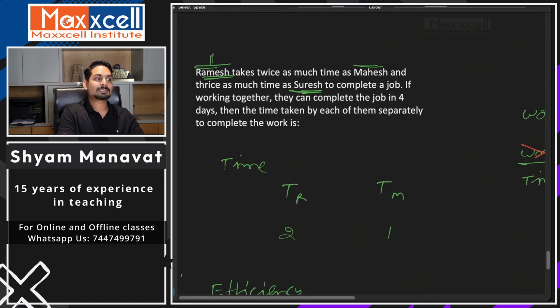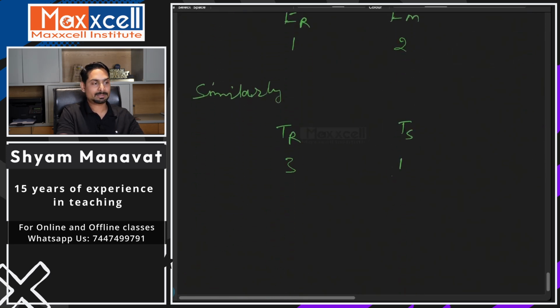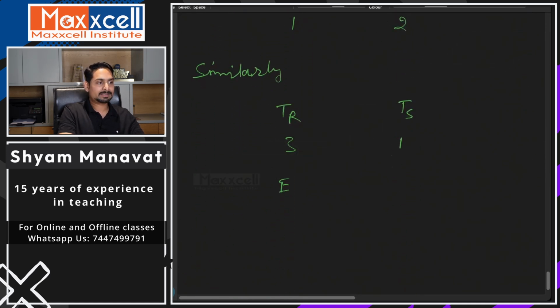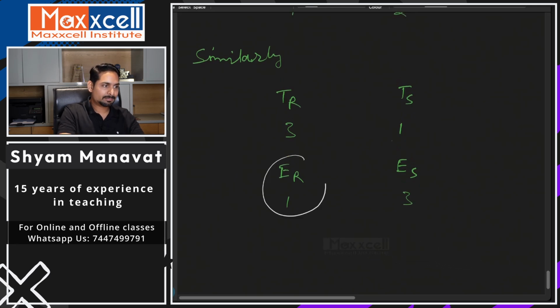So the time taken by Ramesh is thrice compared to the time taken by Suresh. So if I compare the efficiency, it should be reverse. Right? So if I take Ramesh's efficiency as 1, the efficiency of Suresh will be 3. Now look at this. Efficiency of Ramesh is 1, then efficiency of Suresh is 3.